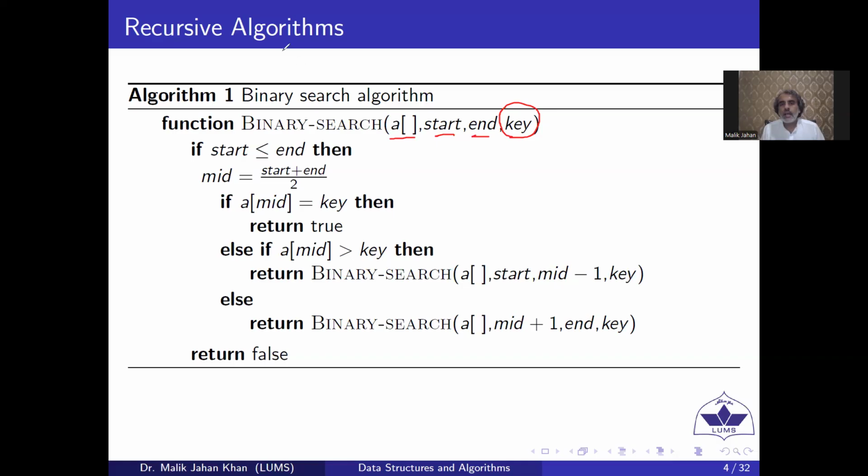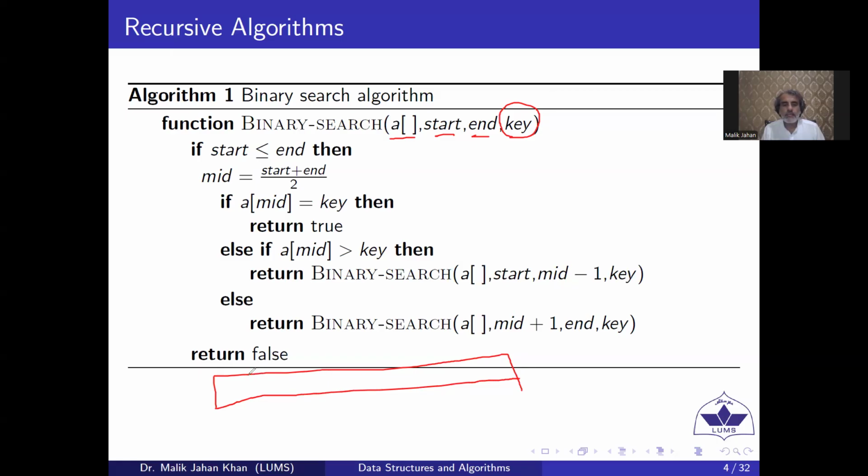One very important and critical assumption in this entire approach is that the given array, which I'm trying to draw over here, is given to us in a sorted format, which means the first element is the smallest one and the last element is the largest one.